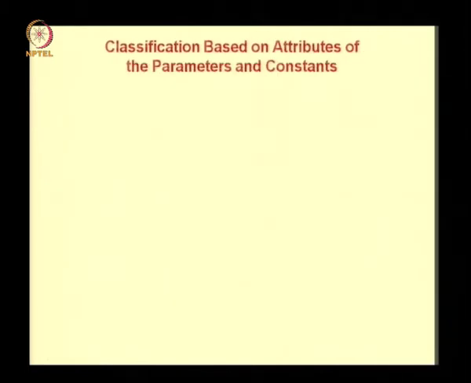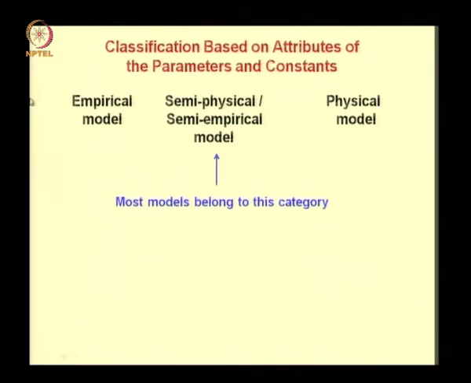Now let us consider another classification, that is based on attributes of the parameters and constants. If none of the parameters have physical meaning, then the model is said to be empirical. On the other hand, if all parameters in the model have a physical meaning, then it is a physical model.